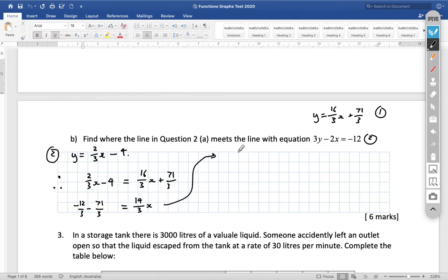So I'm getting 14 on 3x has to equal minus 83 on 3, okay, because minus 12 minus another 71 gets me down to minus 83. Let's times both sides by 3. 14x equals minus 83. Therefore, x equals minus 83 on 14. Bit unusual.